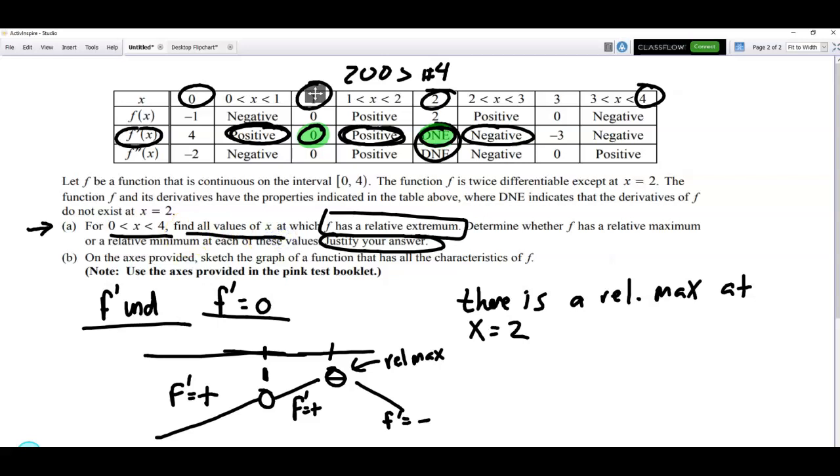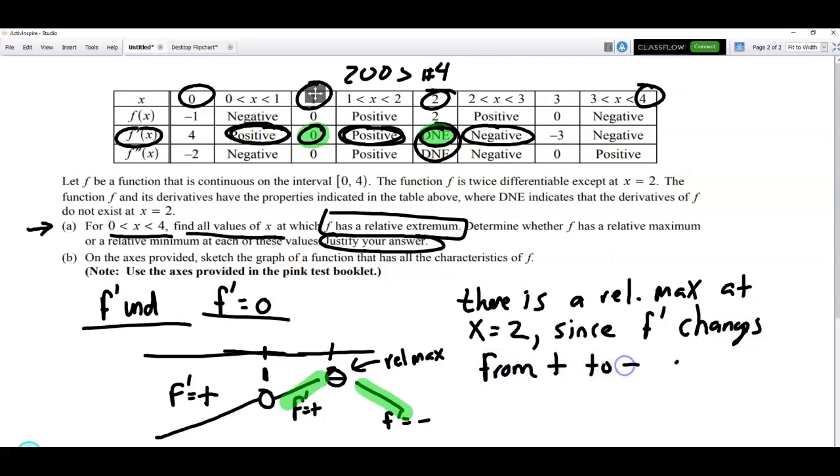There is a relative max at x equals 2 since, and here's how you write your explanation. At that point, the slope goes from positive to negative. Actually, we'll say since f prime changes from positive to negative at that point.